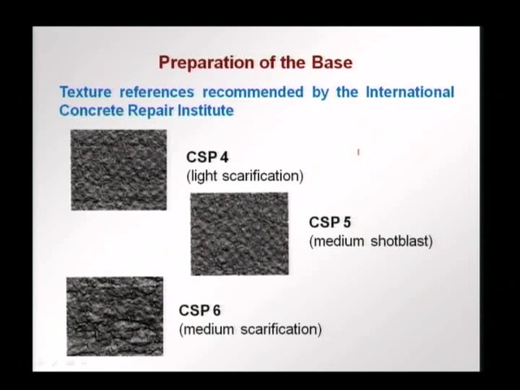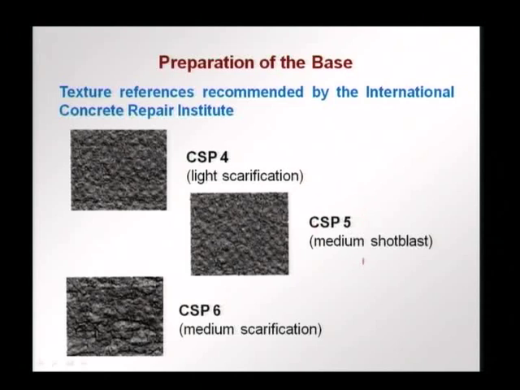However, we can also use references of textures recommended by the International Concrete Repair Institute. So this ICRI has made surfaces and classified them which can be used for specification. There are notations given, for example CSP4 is light scarification, and the guidelines given by ICRI tell how this can be achieved, and you even have a certain surface that can be touched and seen, to check if the same physical appearance is obtained on site.